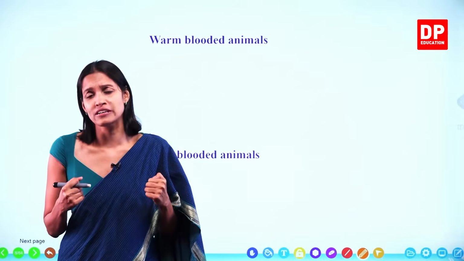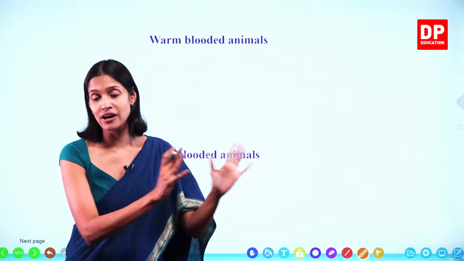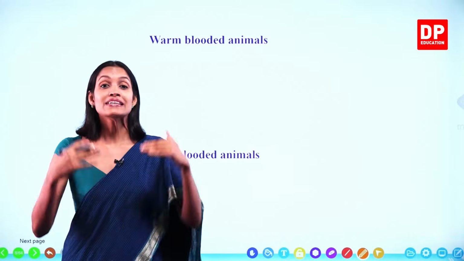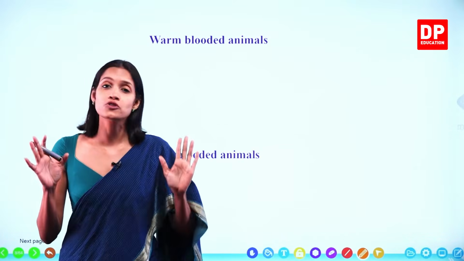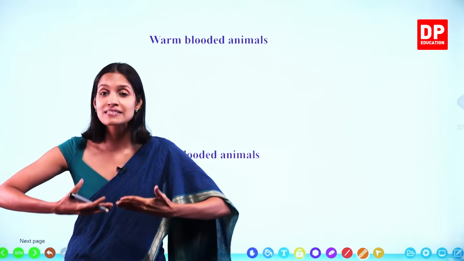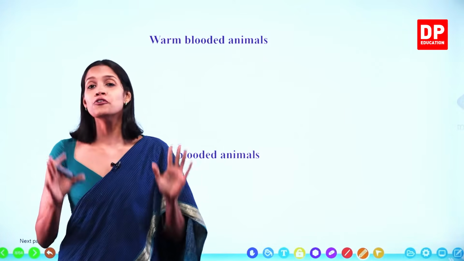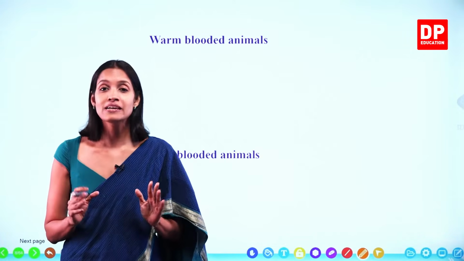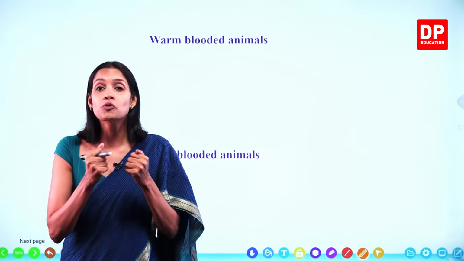What will happen when you go to a very cold area like Nuwara? We start shivering. What is the reason, children? When we go to a very cold environment, our body temperature reduces according to the environment. But this is also not good for our body. Therefore, we have to increase the body heat. So, how do we increase the body heat? In this case, your body muscles start to move faster.